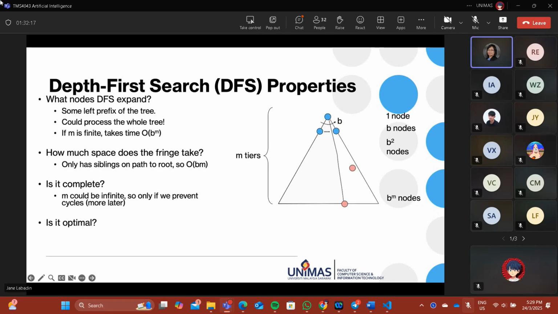It can be complete if you prevent the cycle, meaning you have a finite depth. Is it optimal? Unfortunately not either, because you will only find the leftmost solution. We don't know whether that is optimal or not. It depends on the cost, right?